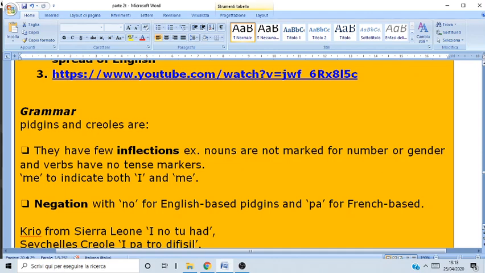So, for instance, the word "me" would indicate both I and me. There's no concept of present, past, future, just like the way that you would find in English. Maybe it's explained differently, but there's no form of inflection. Or also to indicate if a word is masculine or feminine.